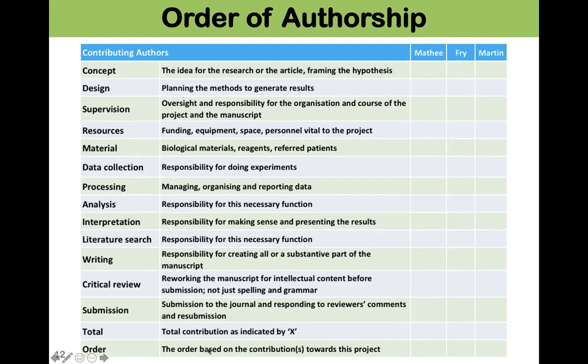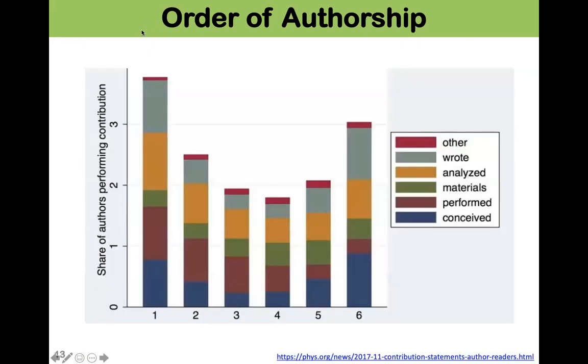And then the order of authors is based on how many asterisks you have in these boxes. And for example, here, if I count all the asterisks, here is one person who's contributed the most, and then you can see this person is my first author, this person is my second author, and so on and so forth, right?